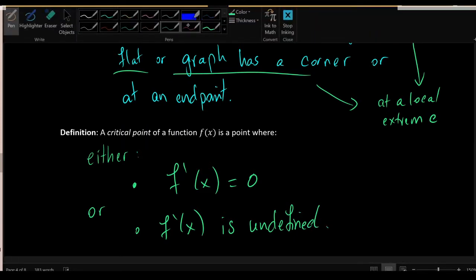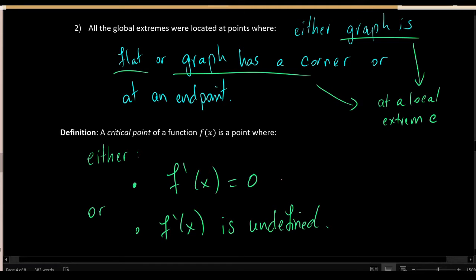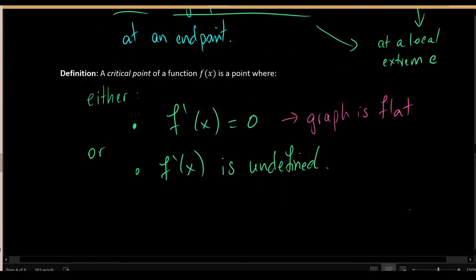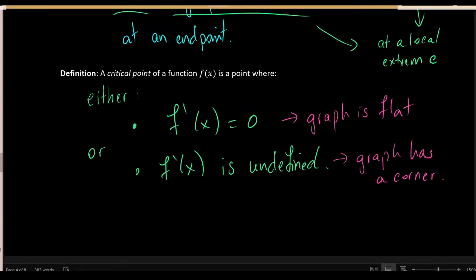Scenario number 1 covers the case where the graph is flat. Scenario number 2, it turns out, covers the case where the graph has a corner. I'm not going to go into exactly why that is in this video. If you're curious, you can watch my optional video on differentiability, which I will try and put a link in the video somewhere to that.